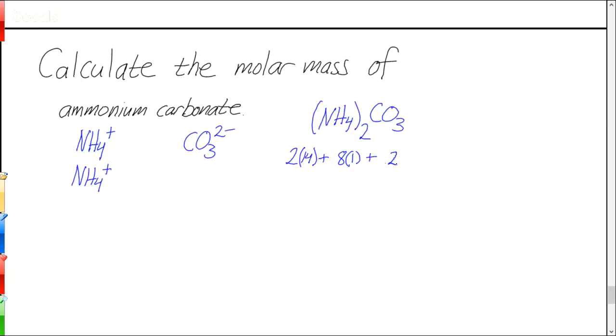Then we've got carbon, which is 12, and 3 oxygens, which are 16 each. Put that all together, and what do you get? Anybody do it? 96? And that's grams per 1 mole, grams per mole. All right, so that's how we calculate a molar mass.